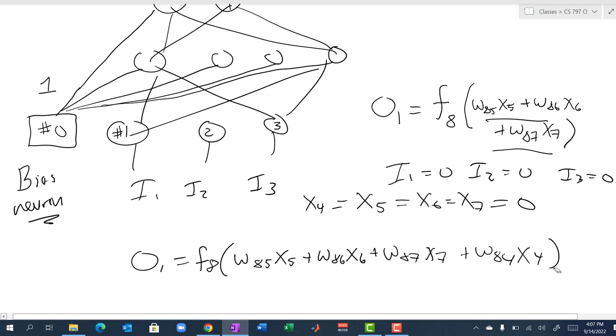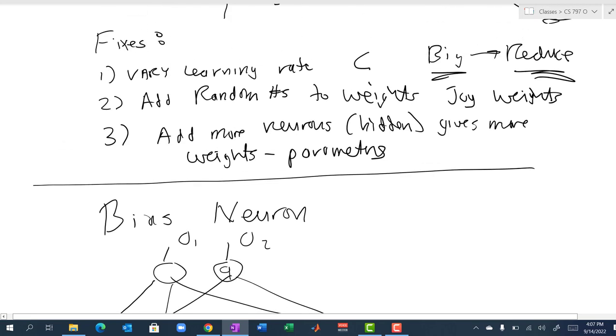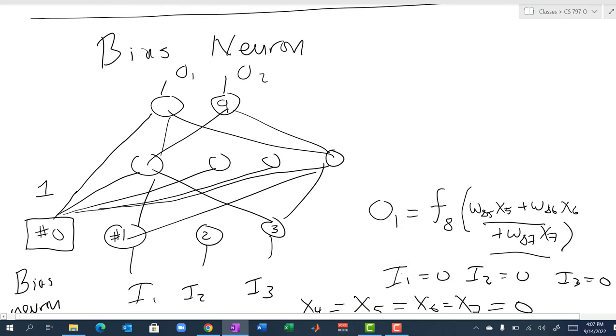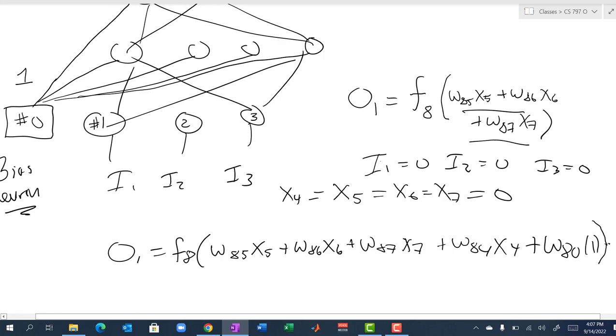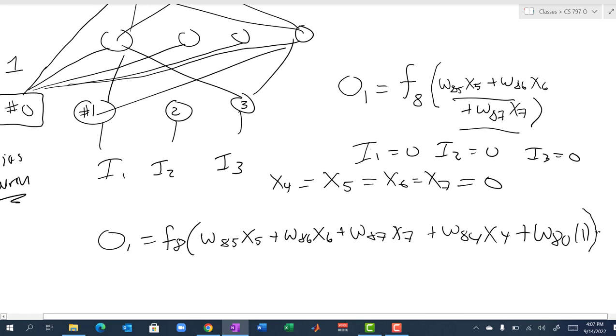If we're adding in the bias neuron, then we get another term here that's W80 times 1. Because we said the bias neuron always outputs a 1. And you can see what this does. Even if x5, x6, x7, and x4 are all 0, we can still have a non-zero output with this weight here.